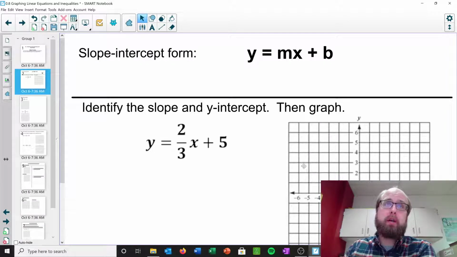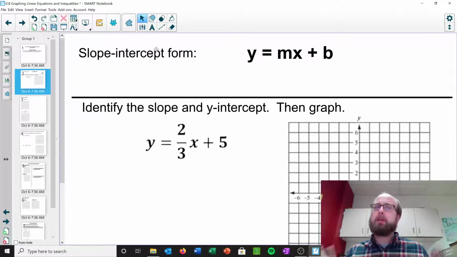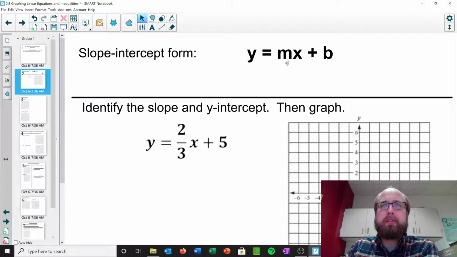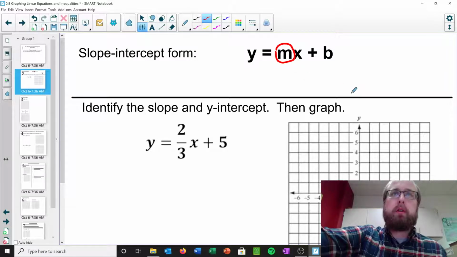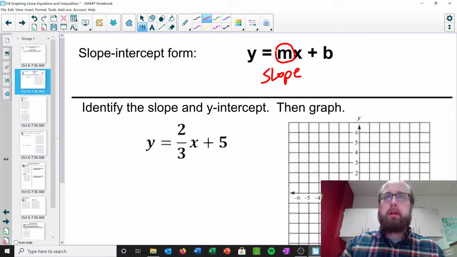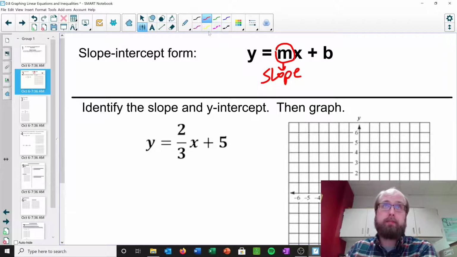So first, let's talk about slope-intercept form. You guys have done this a lot, but we always have to revisit this and make sure we have this down. Remember, slope-intercept form is y equals mx plus b. Within this form, the m is our slope. The number right in front of the x gives us our slope, which we talked about in the last lesson.